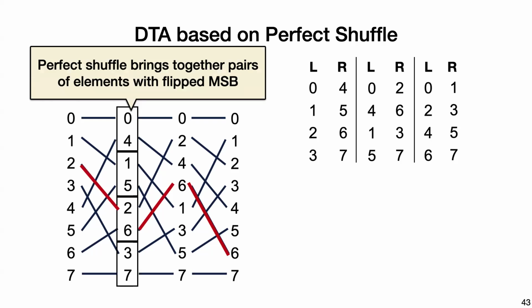The perfect shuffle brings together the elements with some bit flipped. In this column it is the most significant one, but in the later ones, it's just from top to bottom. The number of stages or columns is log p, and in each column, the pairs are the same in log p minus 1 bits and different in 1 bit, and that 1 bit changes depending on which column you're in.